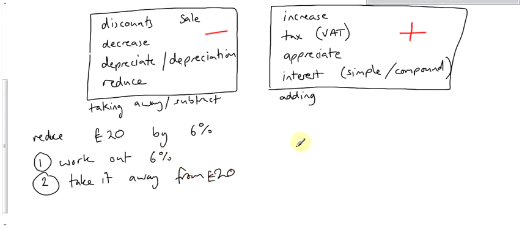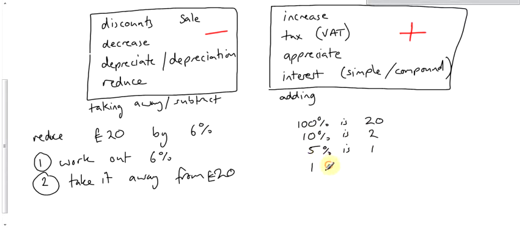To work out 6%, remember what we said earlier, I started with 100%, didn't I? So 100% is £20, and 10% is £2, and 5%, well, 5% is half of 10%. If 10% is £2, 5% is £1 because it's halved.